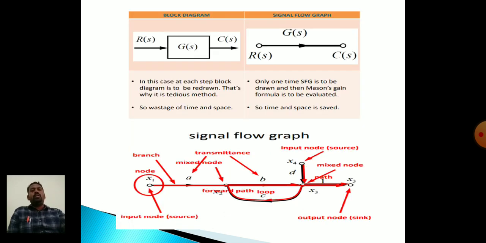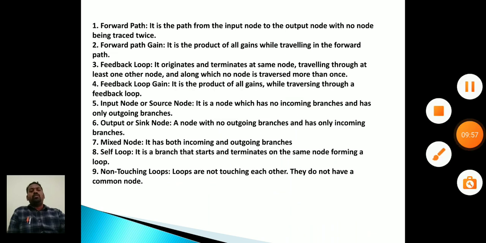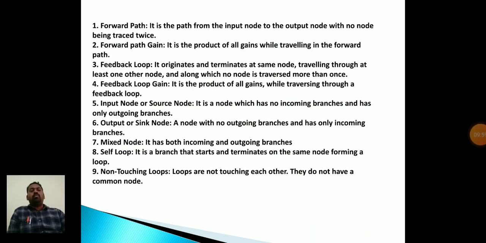Here you have seen how the signal flow diagram looks with a simple sketch, and some of the definitions: forward path, forward path gain, feedback loop gain, input node, output node, that is source node, sink node, mixed node, and self loop. A self loop is a branch that starts and terminates at the same node, having some transmittance written on the branch.